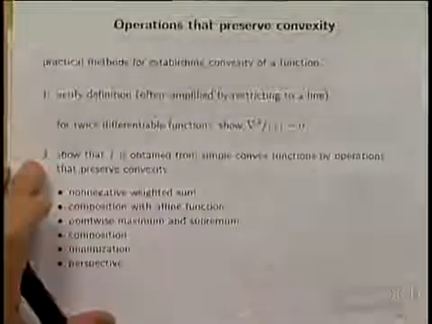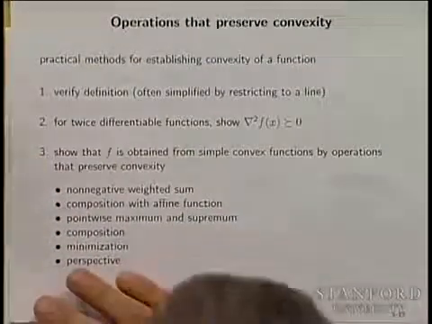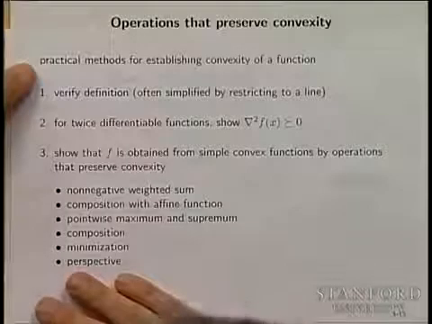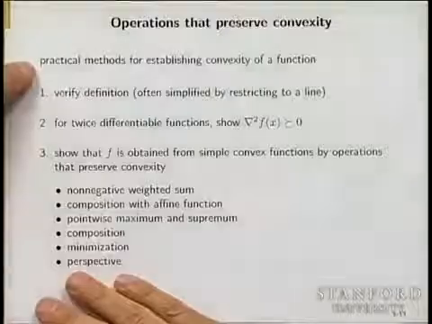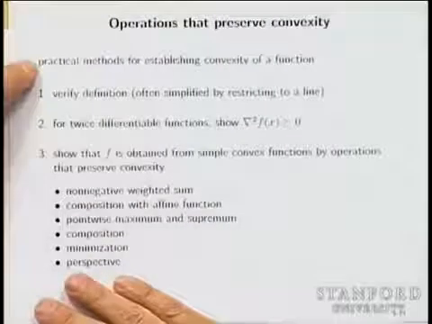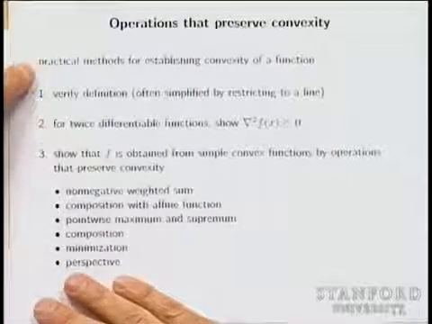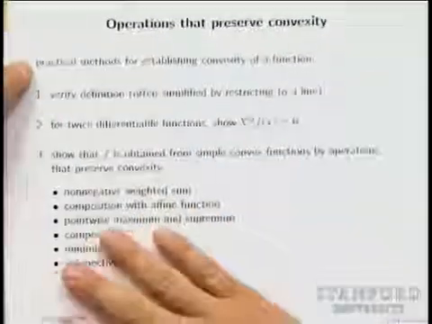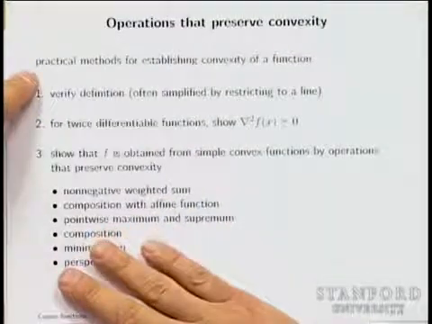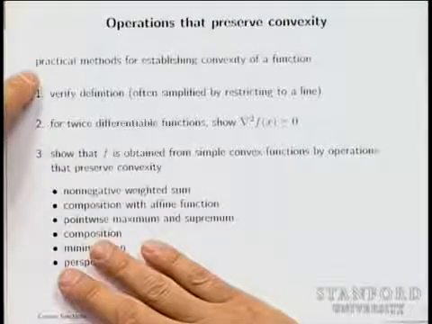Let's move on. Let me just remind you where we are, what the big picture is. You're going to want to construct convex functions, but you're also going to want to deconstruct convex functions. What I mean is that there'll be some function that comes up in some problem, medical imaging or optimal control, it doesn't really matter, and you're going to want to know, is it convex or not?